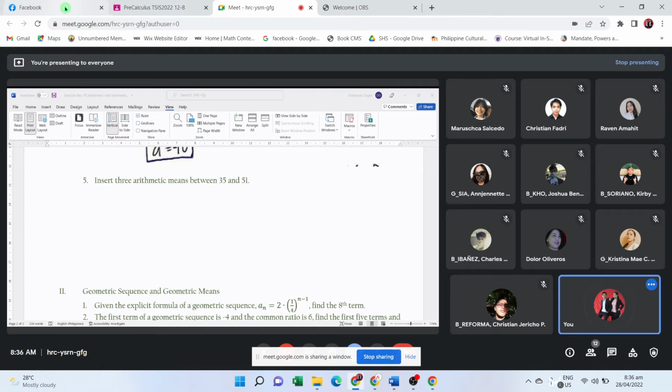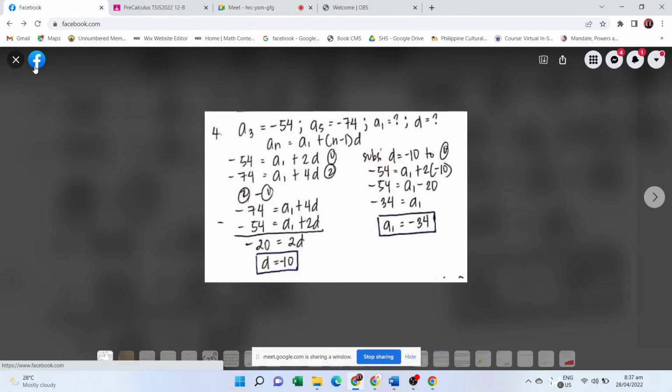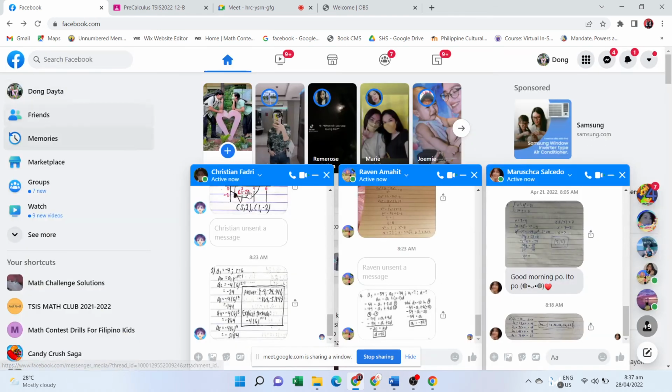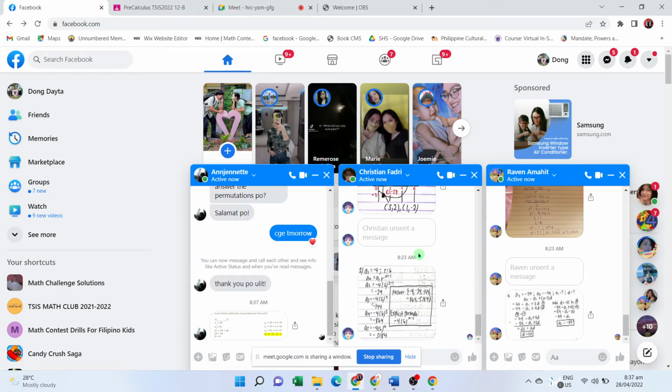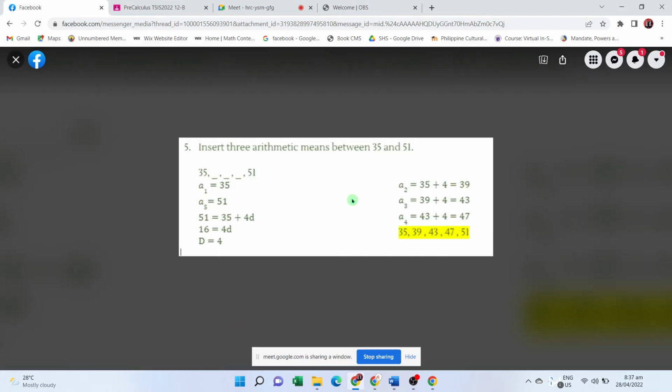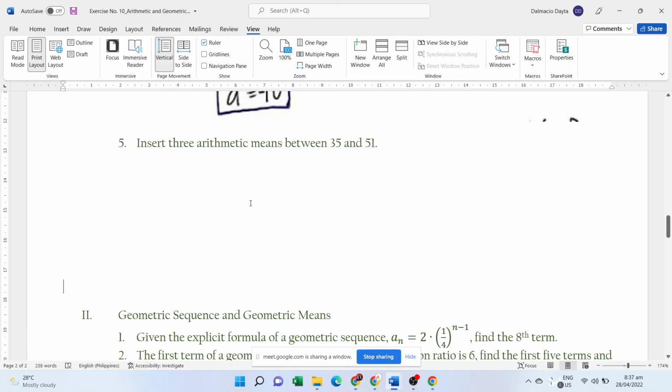No? Explain ko sana, kaya lang nagandahan ako sa problem eh. Go ahead, Anjanette. Will you please? Yan. Tignan natin, ano?